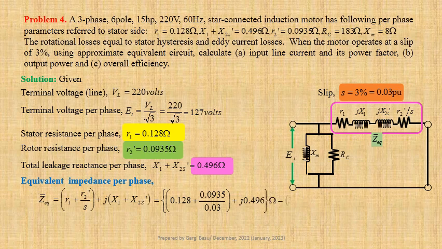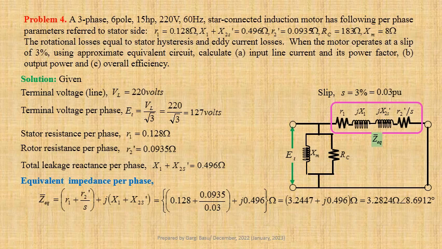That gives us 3.2447 plus J times 0.496 ohm. This may be written in polar form as 3.2824 ohm at an angle 8.6912 degree.